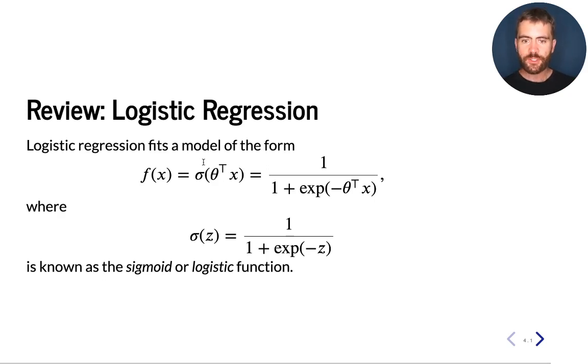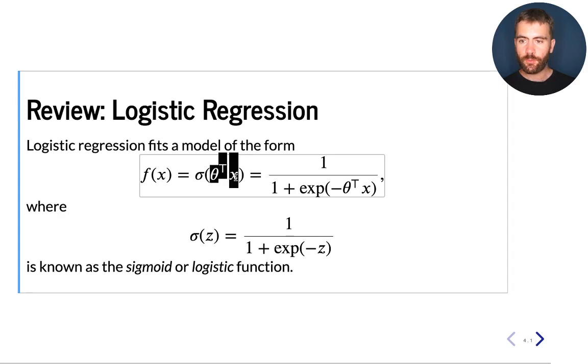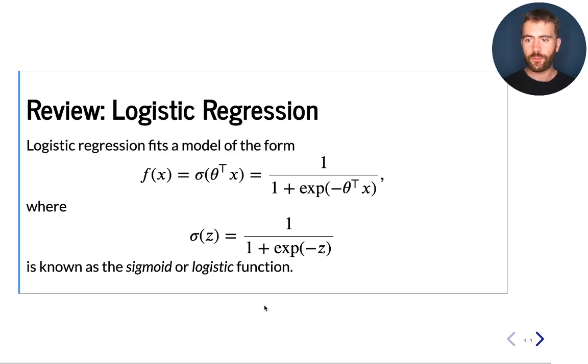In logistic regression, we assume that the model f takes the following form, where we have a linear part of the model that is composed with the sigmoid function, which has this form given here. It squishes the output of this linear part of the model into a value that is between 0 and 1, and we can interpret that as the probability of the class being 1.